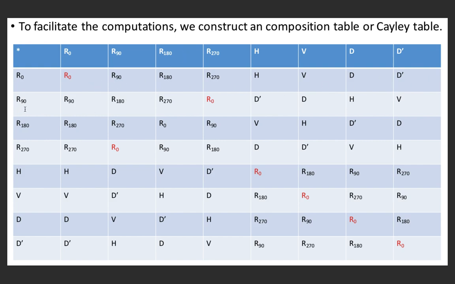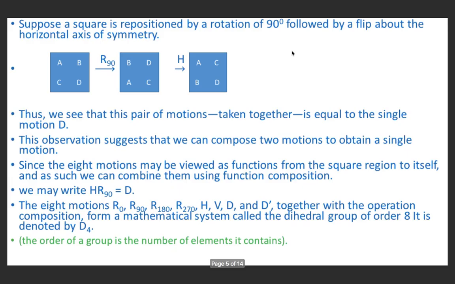Then we perform R90 with the top border row, and we write the elements here. Similarly, to write the elements of the third row, we will perform the transformation R180 on these. And we have seen how to combine two transformations or two motions.